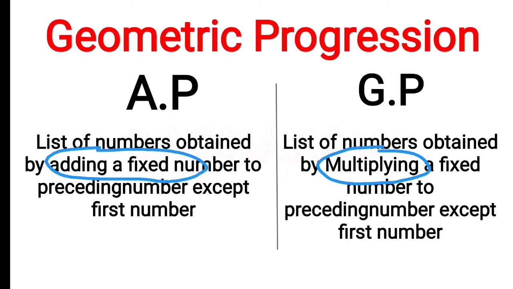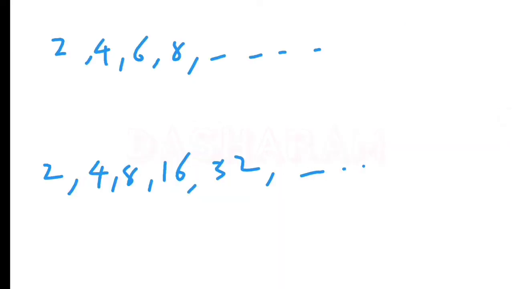Let's see some examples. In the first example, the first term is 2, the second term is 4. So here what is the difference? 2. 2 plus 2 is 4, 4 plus 2 is 6, 6 plus 2 is 8. So here, to get every term we are adding a fixed number to the preceding.